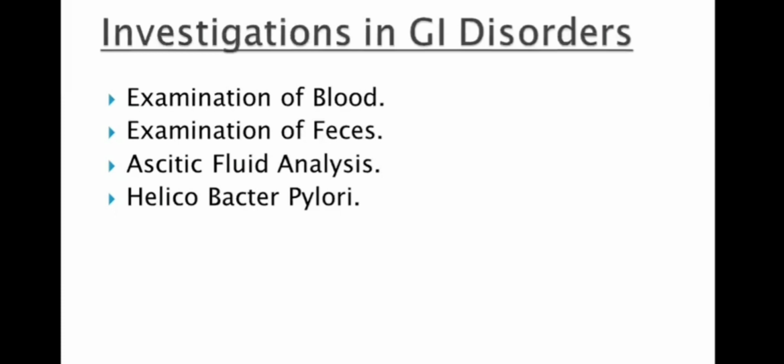If Helicobacter pylori is there, then that will be the etiology. It is a major etiology for this type of affliction in the gastrointestinal tract. Then accordingly we can treat.